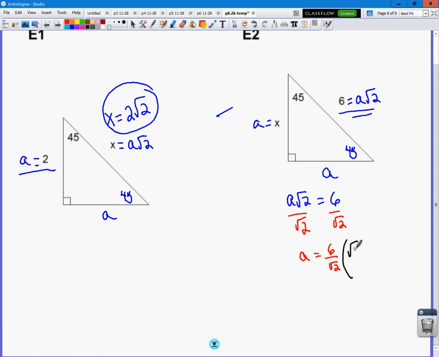Square root of 2 over the square root of 2. Still has a value of 1, so we're not changing a value. We're just changing appearance. I now have 6 square roots of 2 over 2, but 2 goes into 6 how many times? So I end up with 3 square roots of 2 is equal to A. So X is equal to 3 square roots of 2.